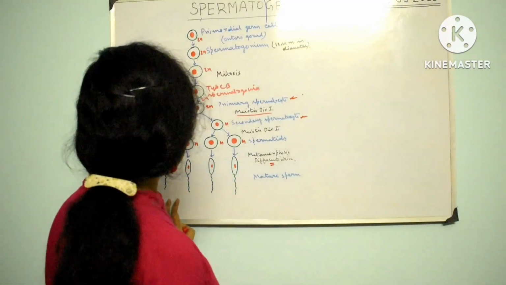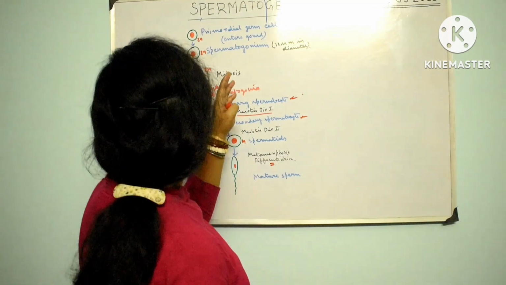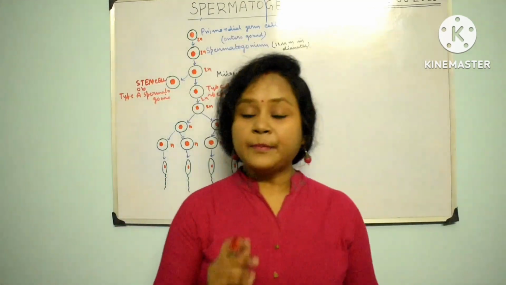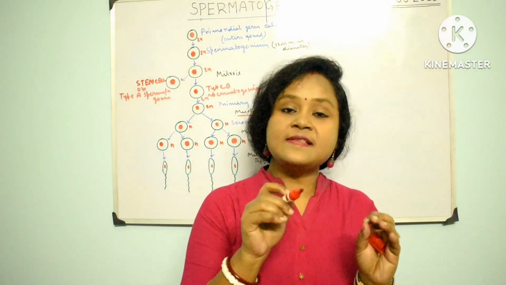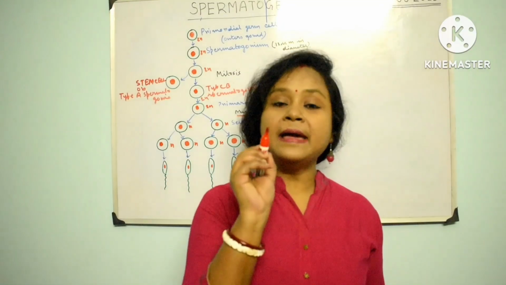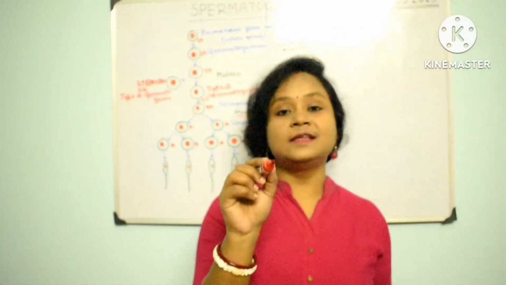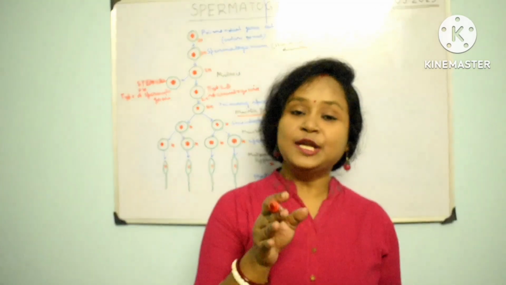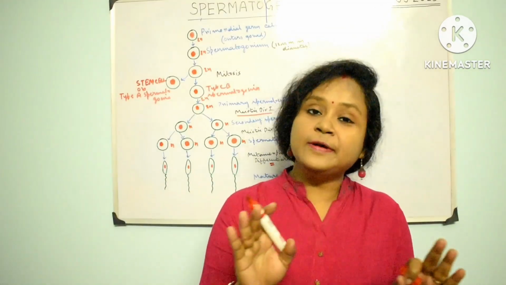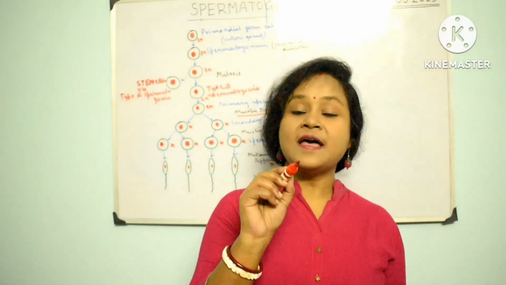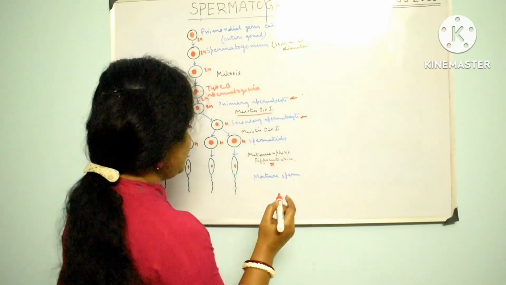Thus, 4 sperms are found from a single spermatogonium cell. After spermiogenesis, the sperm become embedded in Sertoli cells and are finally released from the seminiferous tubules by the process called spermiation.